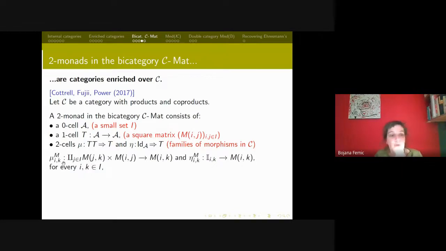First, for fixed I and K, we have morphisms in C from the coproduct of M_ij, M_jk into M_ik, and for units, this unit matrix and this I,K component into M, and they satisfy associativity and unity laws.